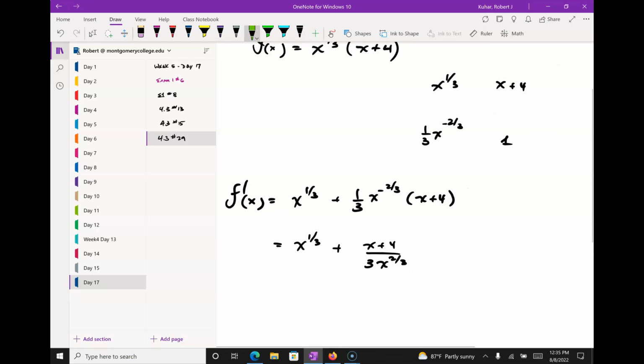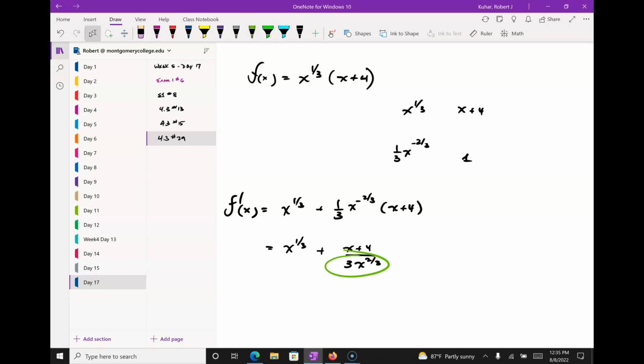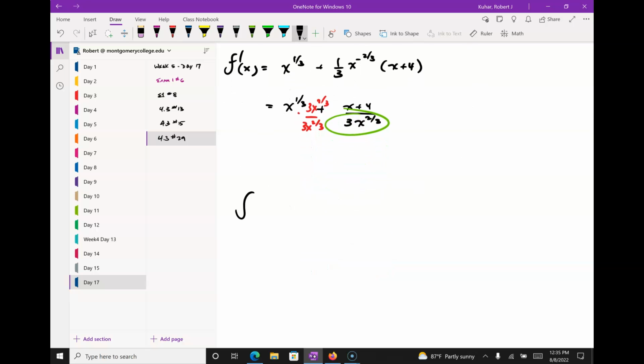So I can clearly see I need this to get a factored numerator over denominator. So I'm going to multiply this guy by 3x to the 2/3 over itself. So now I know my derivative is over 3x to the 2/3, and in the numerator, I have 3x plus x plus 4, right?